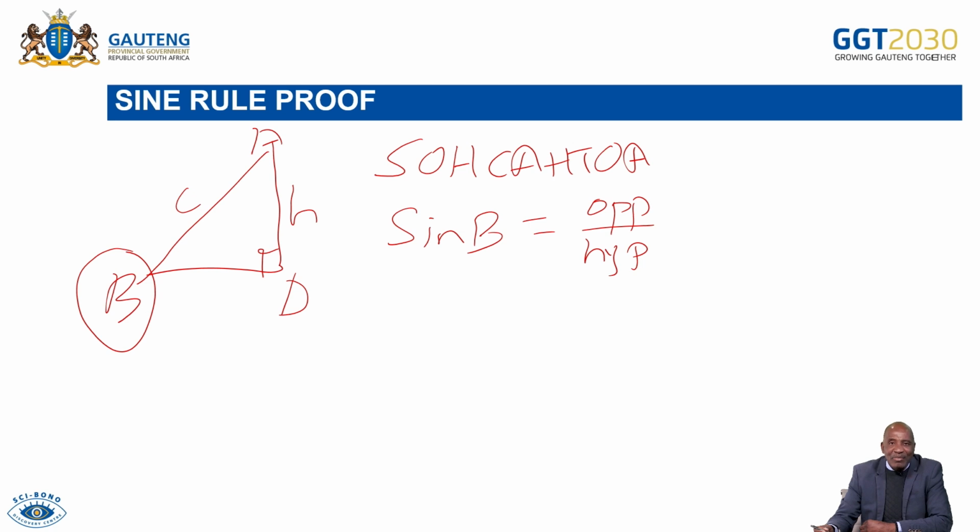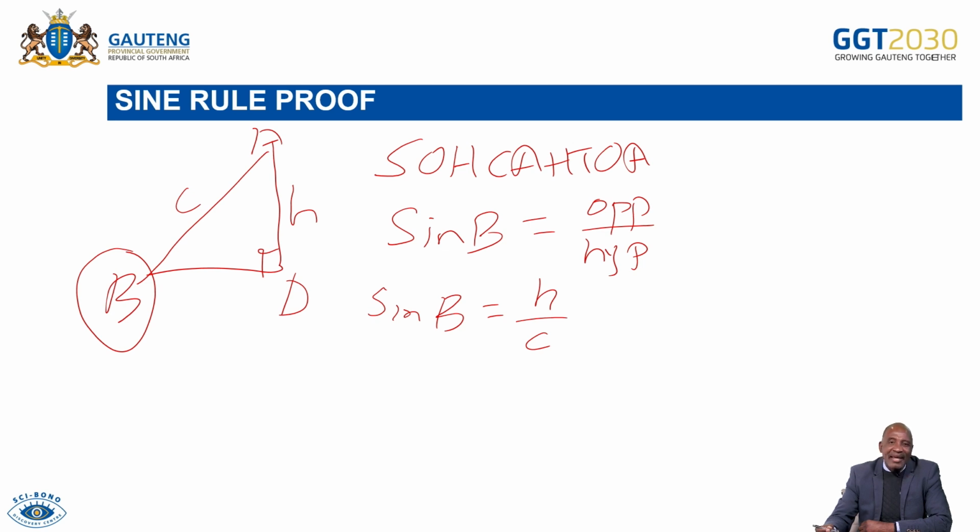Our opposite side is h, so sine of B is equal to h divided by c, which is the hypotenuse, the longest side in that right angle triangle. We have found the sine of B now. I want to make h the subject of the formula. Quickly make h the subject of the formula and call that your equation 1.